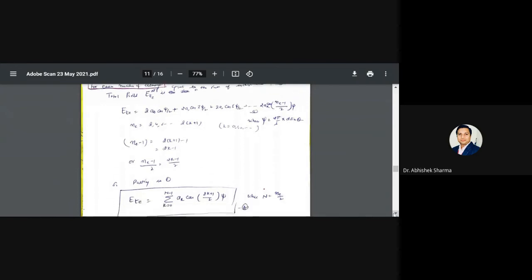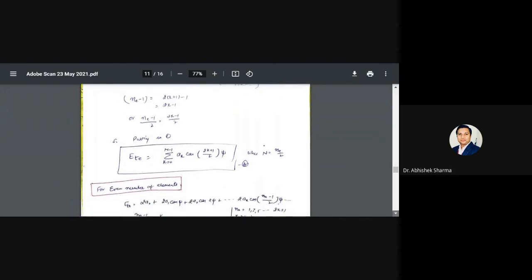So putting this value into this, we get the electric field at a distance due to an even number of sources equal to the sum from k equal to 0 to n minus 1 of ak cos of (2k plus 1) by 2 into xi, where n is equal to ne by 2.